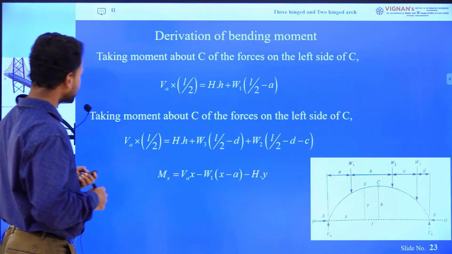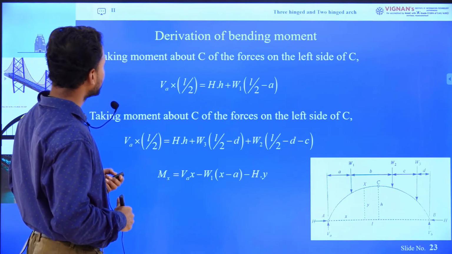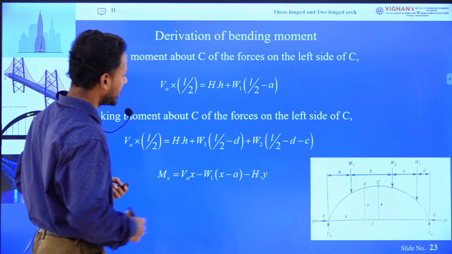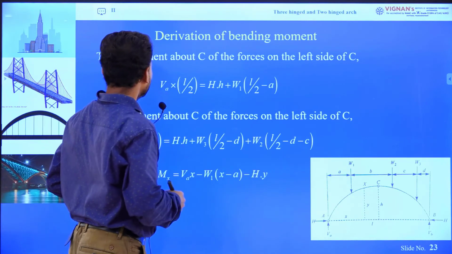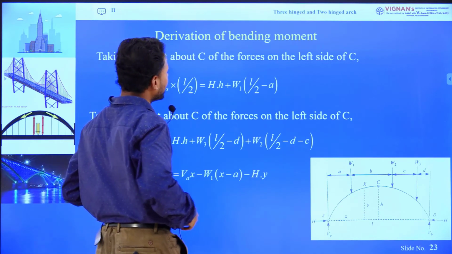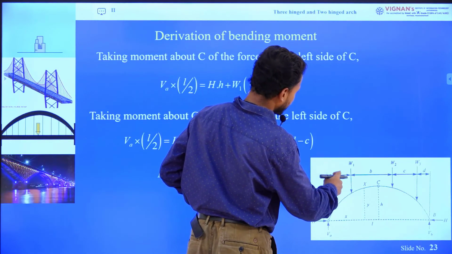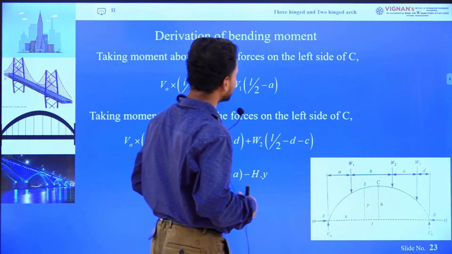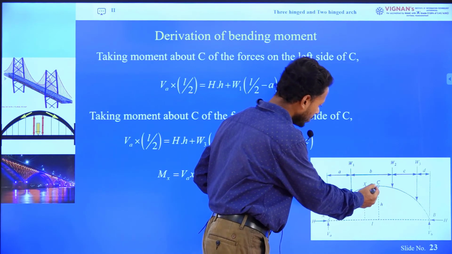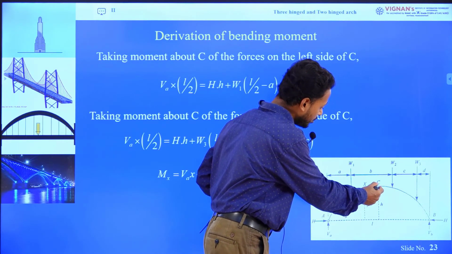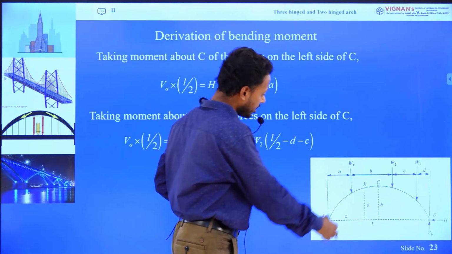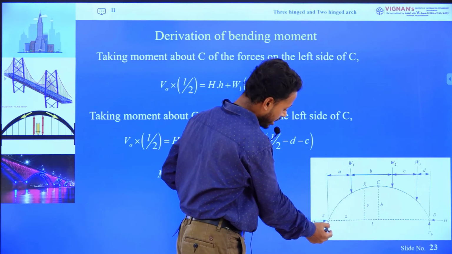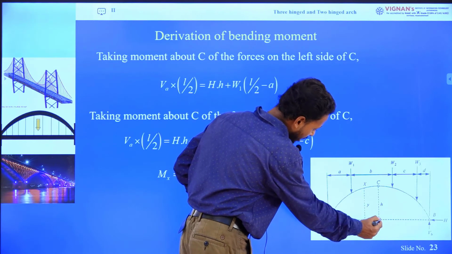Now, derivation of bending moment. In this arch we will take the bending moment about C on the left side of C. Taking moment about C of the forces on the left side of C, the bending moment will be 0. So if you take the bending moment about point C, we have VA into L by 2.